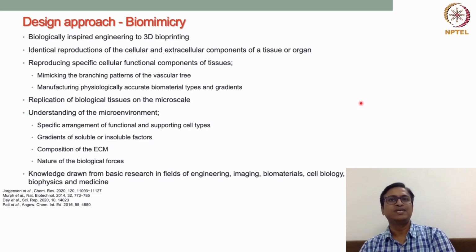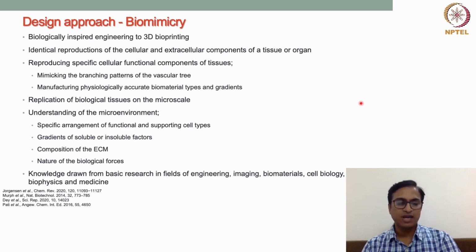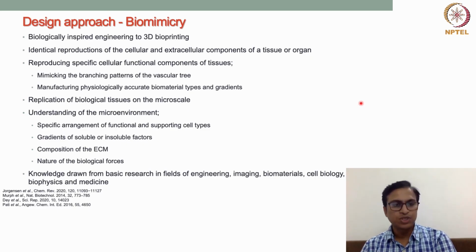We need to check on this, understand what the different cell types present are and how those cells are organized or arranged. When we do all these things, then we can reproduce that particular structure. So the cellular arrangement, alignment, organization, we can reproduce those things. Only then will we be able to bioprint that particular tissue or organ.